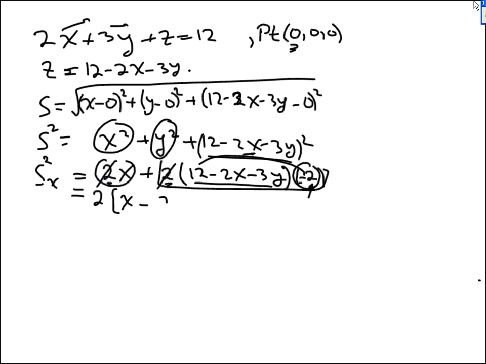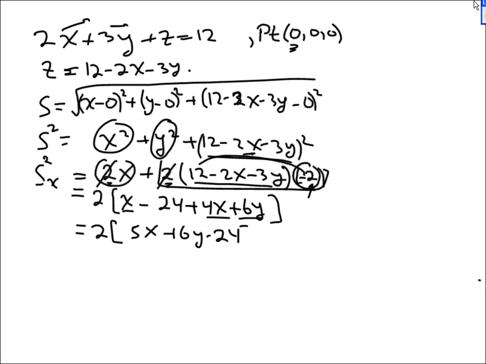I get negative 24 plus 4x plus 6y. And combining like terms, x plus 4x is 5x plus 6y minus 24. That is s squared x. I'm going to write that on the bottom because I'm going to erase to find s squared y.